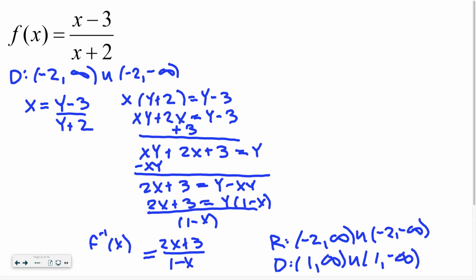I think I got everything, but I don't have room. No, it looks good. Okay, this is what pod 6 came up with. As I've been walking around, I've also seen answers that look like this: negative 2x minus 3 over negative x plus 1.